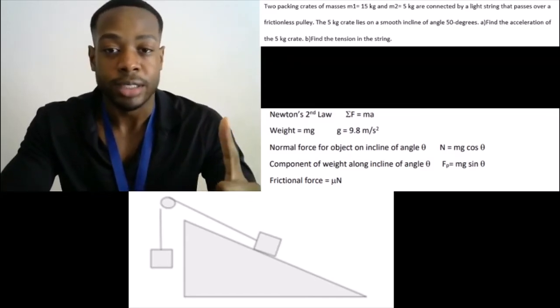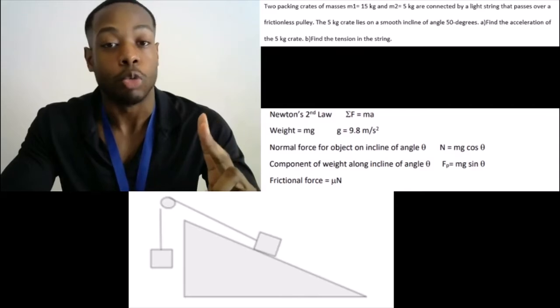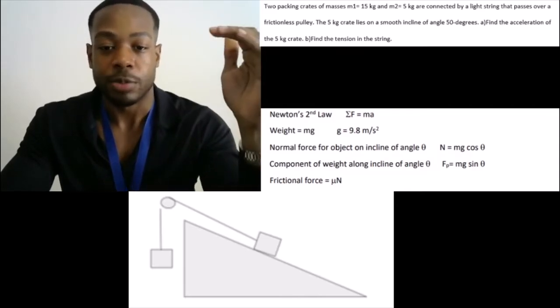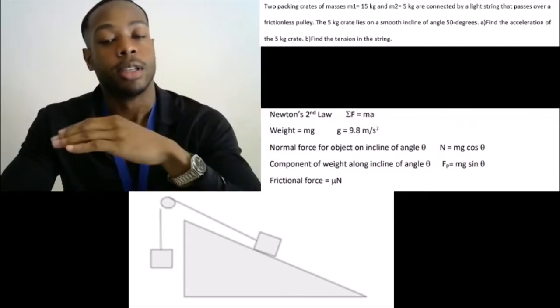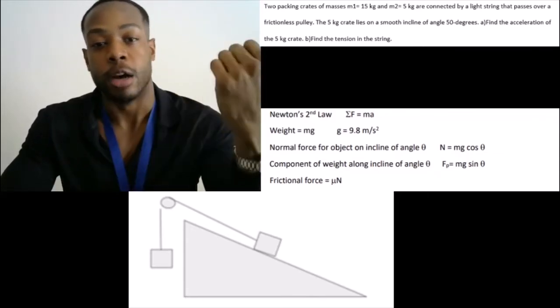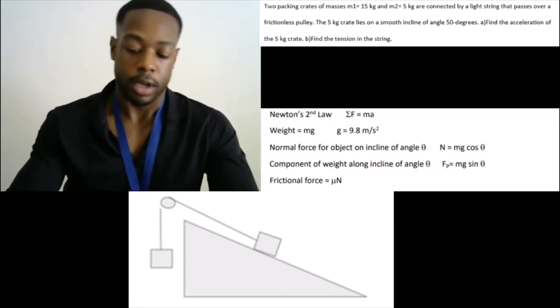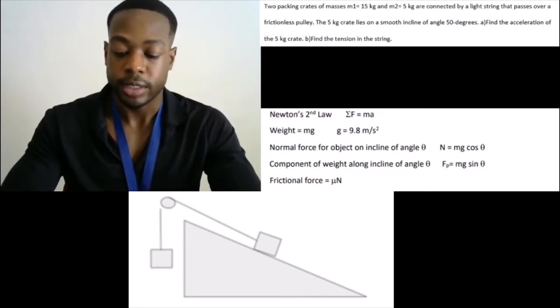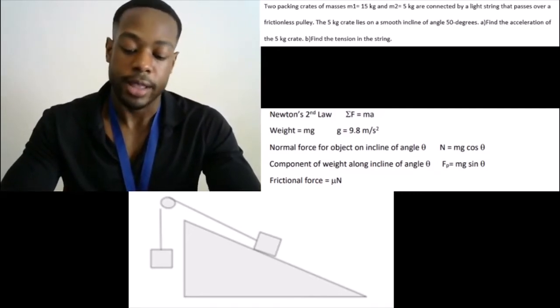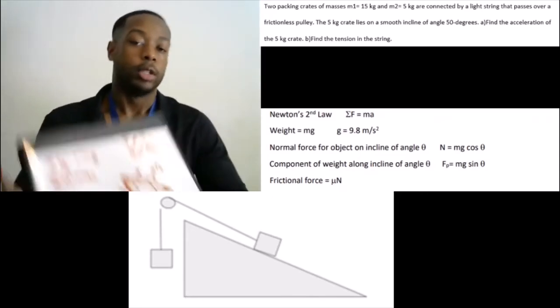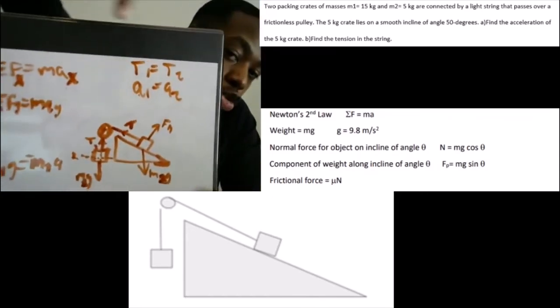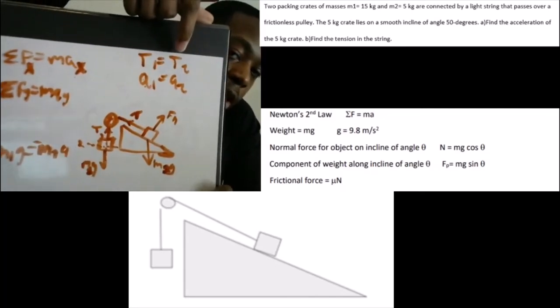So there's one tension in the rope, and there's one acceleration. The same speed that mass 1 is going to have accelerating down, mass 2 is going to have accelerating up. So we're going to have tensions equal to each other, and the accelerations equal to each other. So I wrote that up there. Same tension, same acceleration.